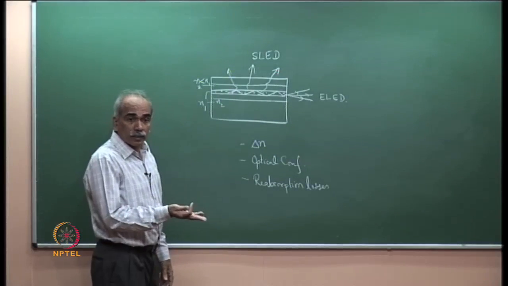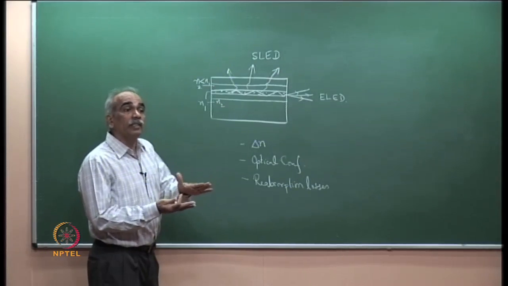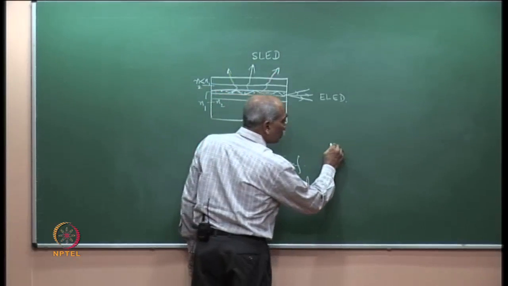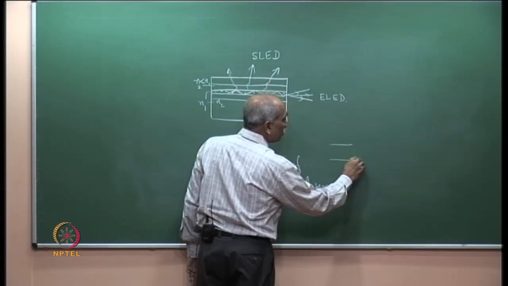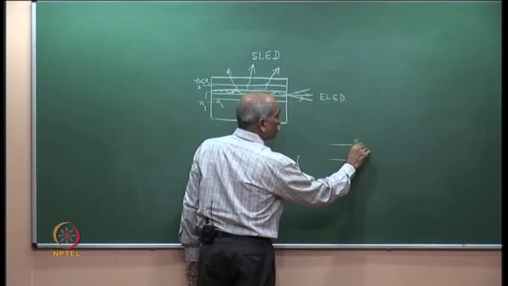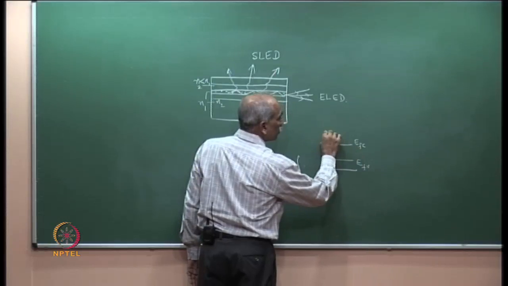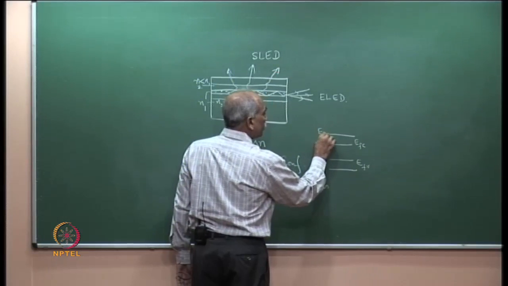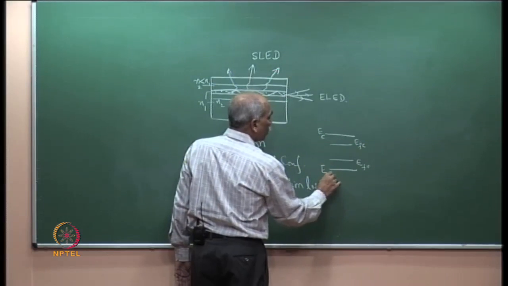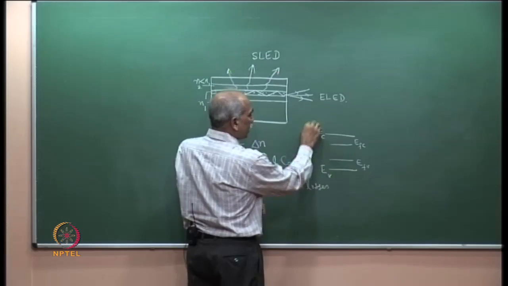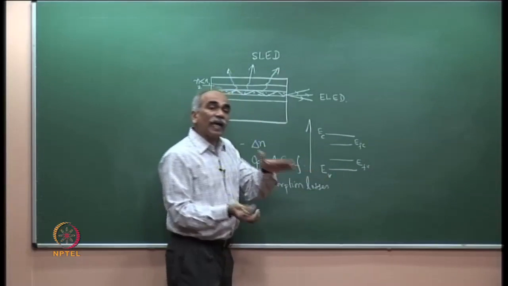As you pump harder, increasing the injection current means you are increasing the separation between the quasi-Fermi levels, EFC and EFV. This is EC, this is EV. What I am drawing is the energy band diagram in the active region.